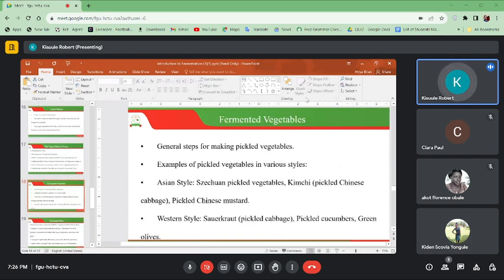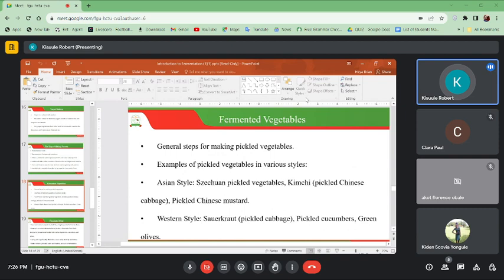All right. So we have looked at the yogurt, we have looked at the cheese. Now let's shift and look at the fermented vegetables. The general steps for making pickled vegetables include various styles, such as the Asian style, where we are looking at kimchi. These are Chinese made.